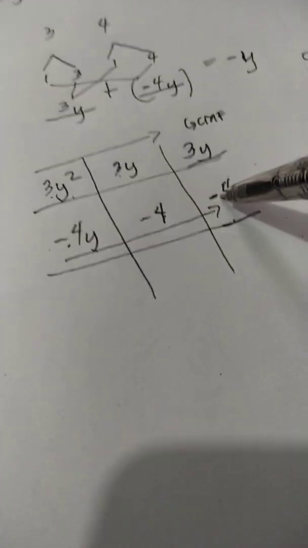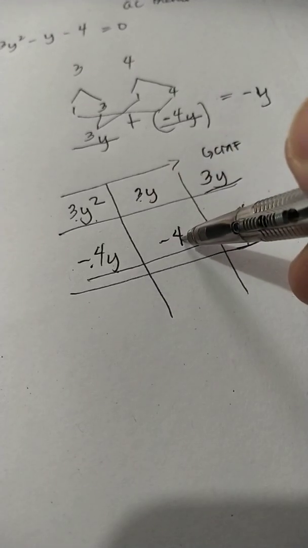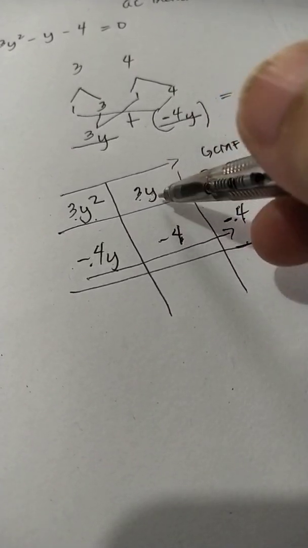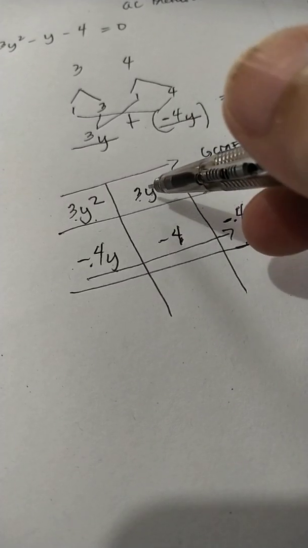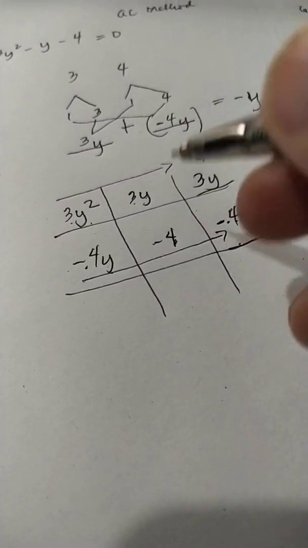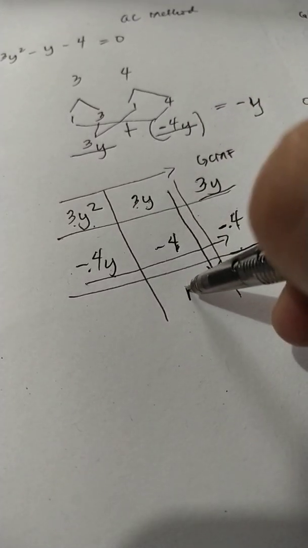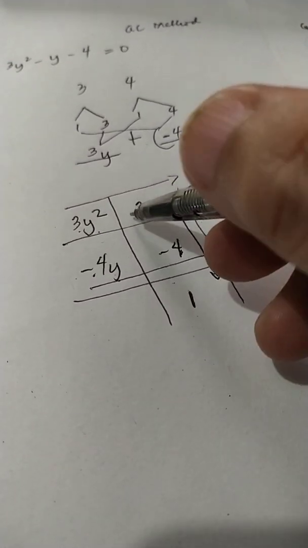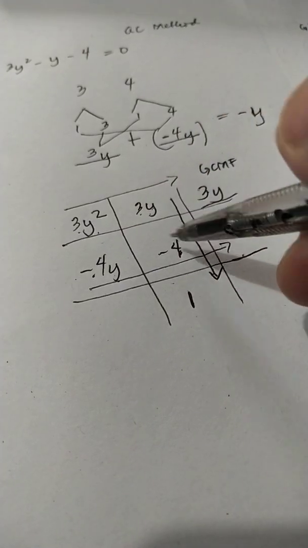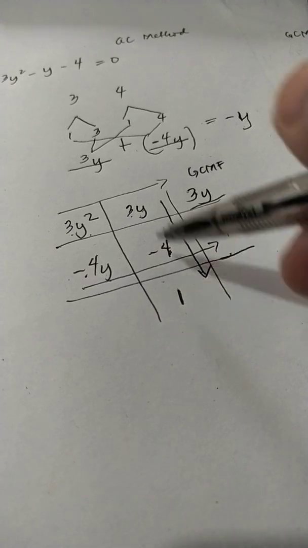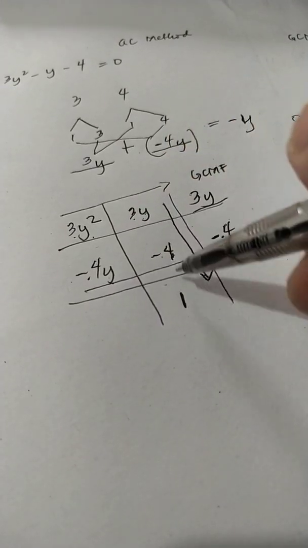Okay. How about in this case? Is there a common term? Many will say no, but there is a common one. What is that? 1. Why? Because 1 times 3, 1 times 4, 1 times negative 4, we have 1. Now, what will be the sign of 1? We have positive 3 and negative 4.